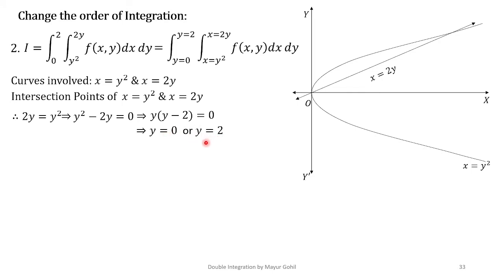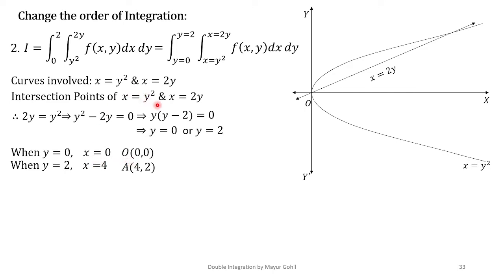Okay, now when y is equal to 0, obviously the origin is the point. We can see it from the diagram also. So we have that one point for sure. But when y is equal to 2, we have another point as 4 comma 2. So the x coordinate you are getting as x equals 4.